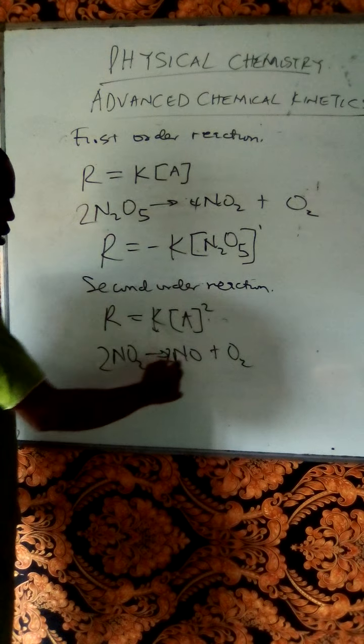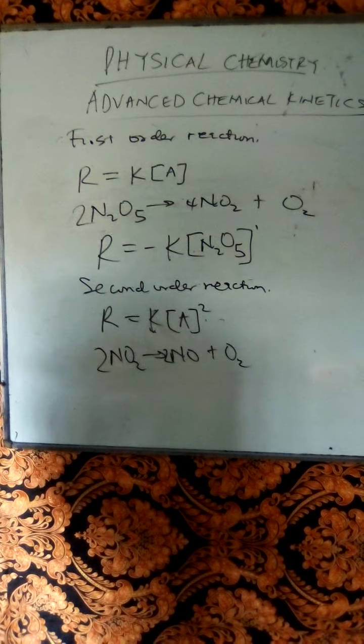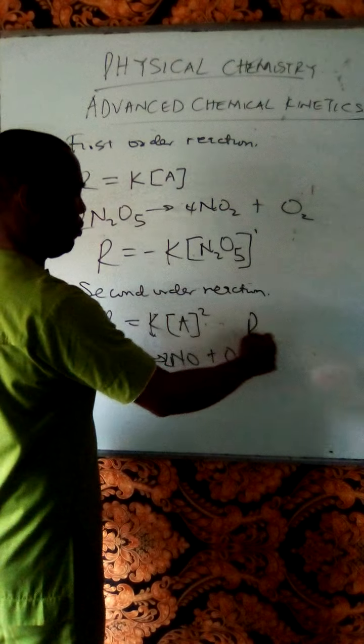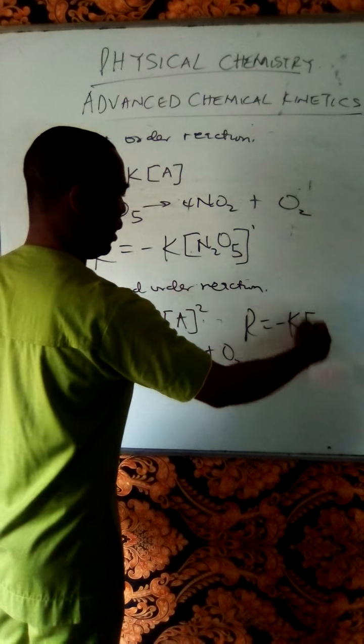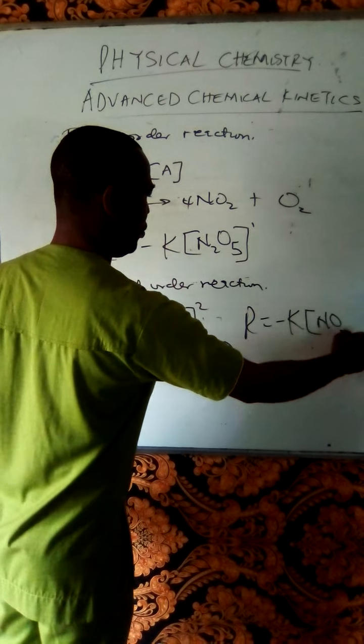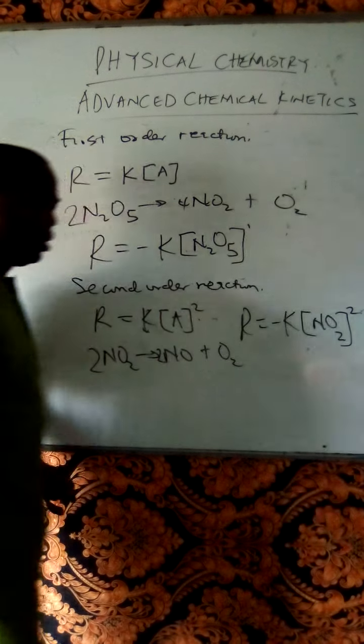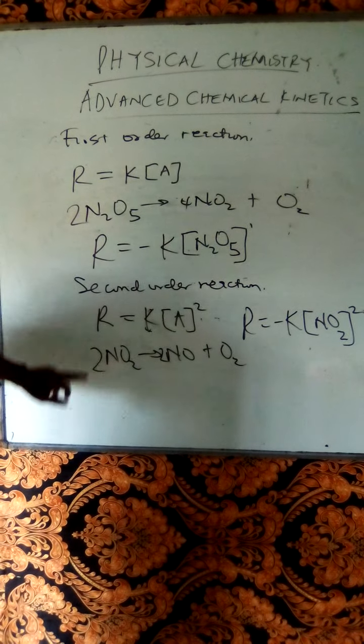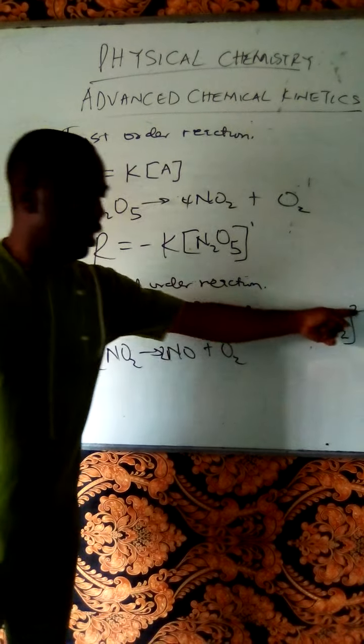In this case, the rate can be written as R equals K[NO2]^2. This is a coincidence. In this case, the molecularity and the order are equal to each other.